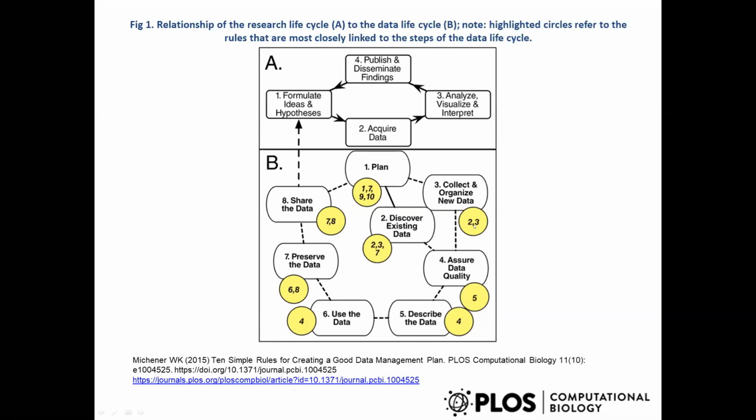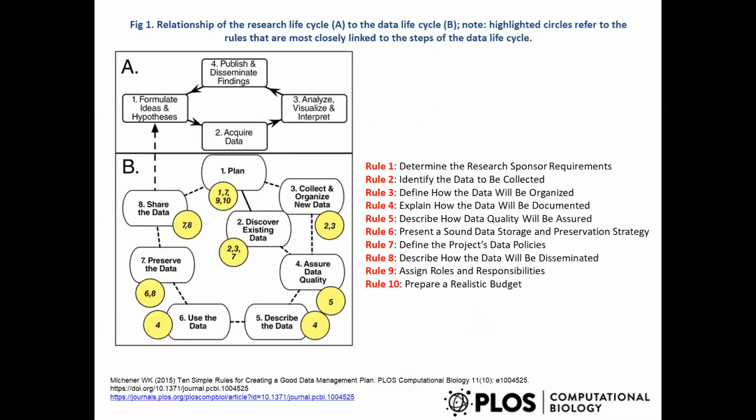So to make life easier, I combine them together here. So when I'm planning, I need the research sponsor requirement, number 1, and 7, define the project data policy. And then number 9, assign role and responsibility of my research staff, and then prepare a realistic budget for my data storage and so on.